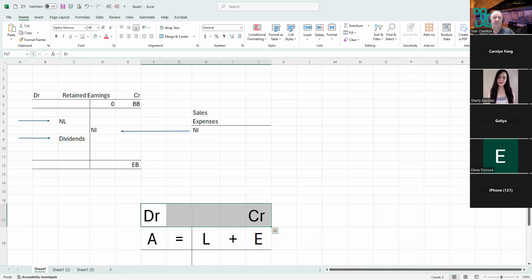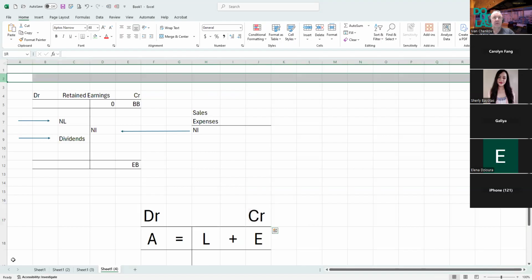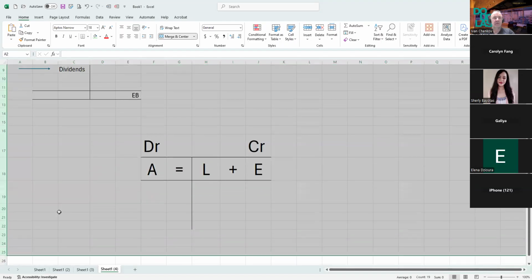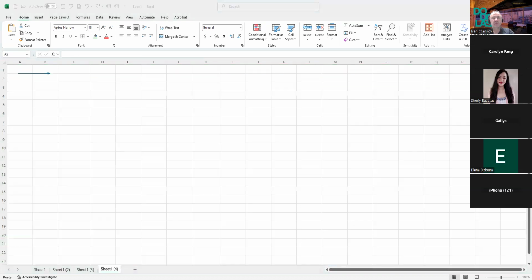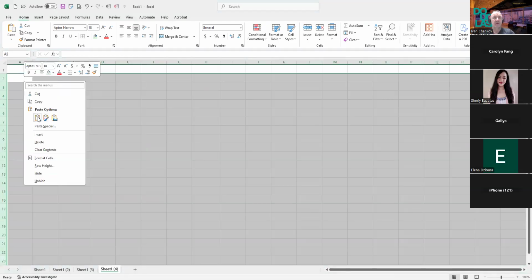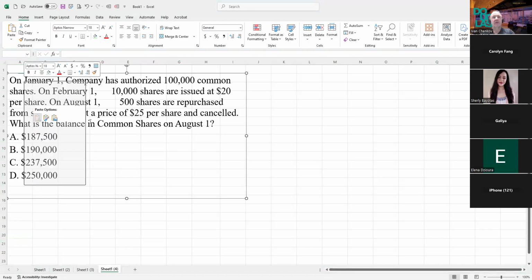Let me flip to a new sheet because I need a fresh sheet without anything. Let's delete those first, and let me grab the question and bring it here. Can you guys see the question?